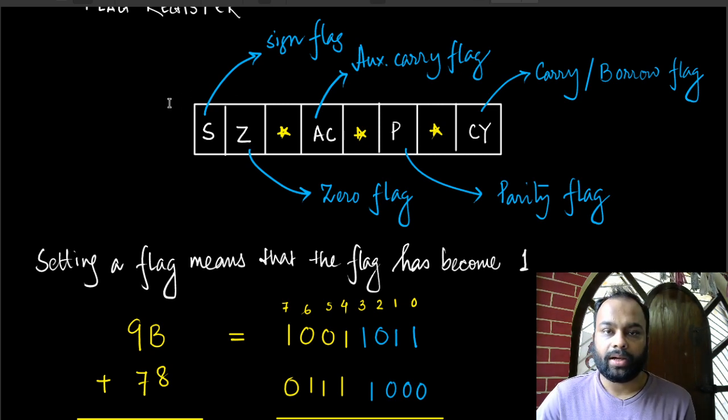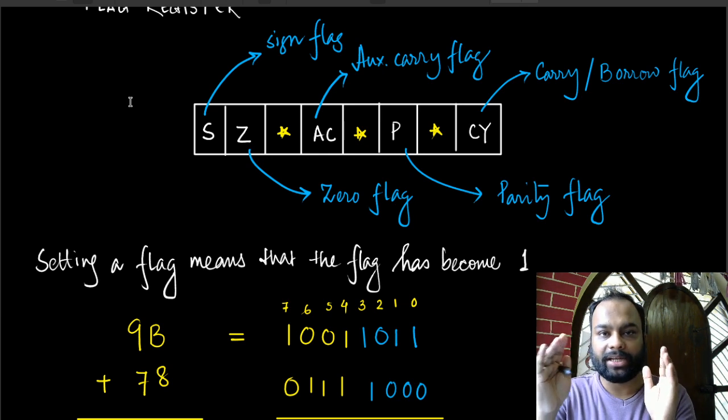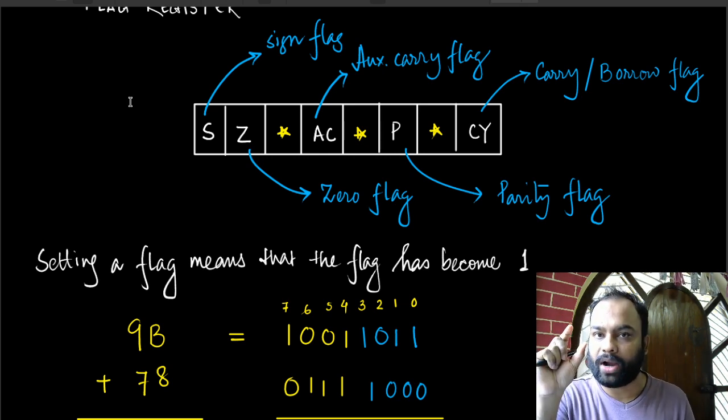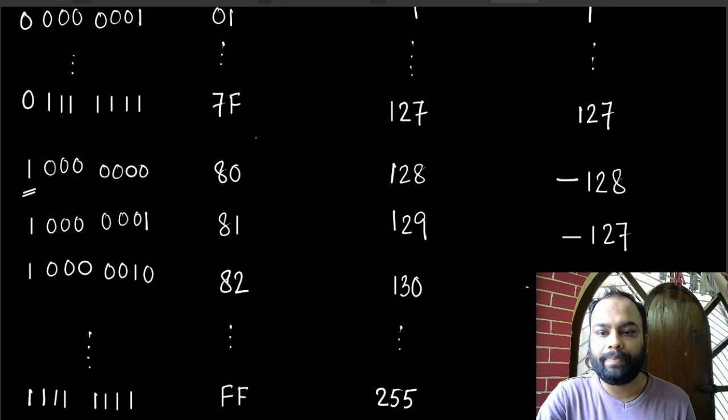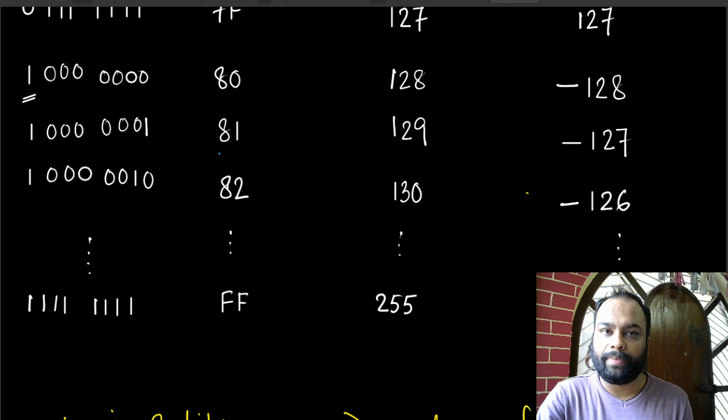The question is whether, if we're doing just unsigned integer operations, the sign flag will still work. Yes, actually the sign flag always works. Whether you are treating the numbers as signed or unsigned integers, it's up to you as the programmer. As far as the microprocessor is concerned, all the numbers are represented in hexadecimal.